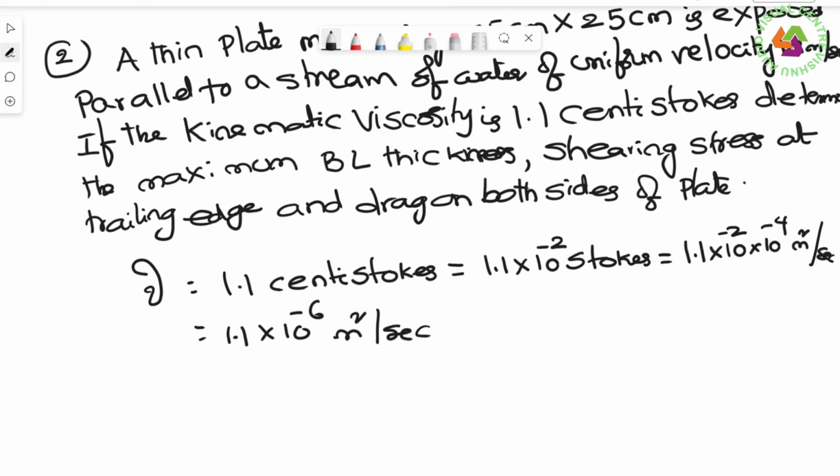Next, Reynolds number at the end of the plate, that is why I wrote L, is equal to V into L by nu. The velocity he has given is 1.2 meters per second.